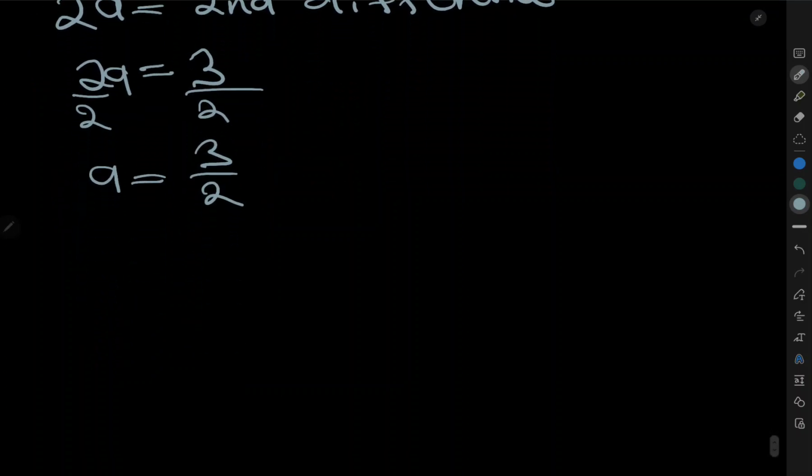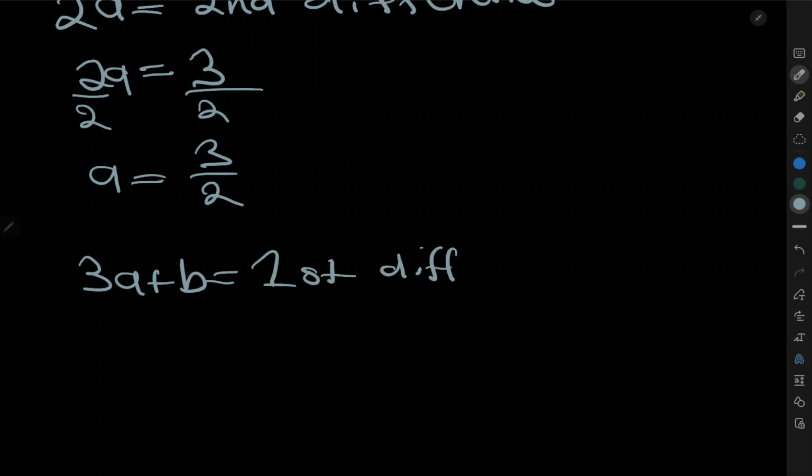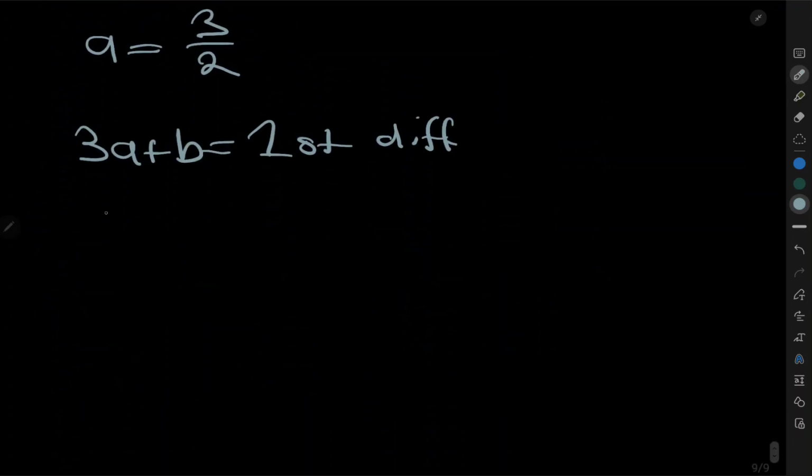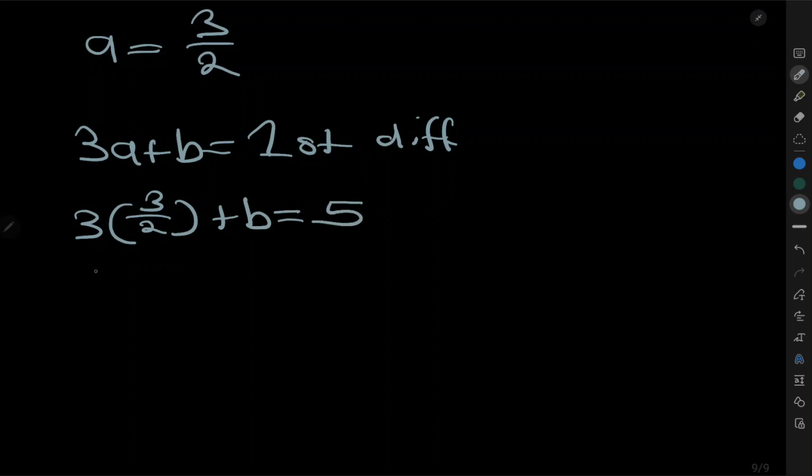So to determine b, we need to say 3a plus b is equal to the first difference. And in our case, the first difference is 5. So we're going to say 3 times, and we know that the value of a was 3 over 2, plus b equal to 5. If we multiply that out, we have 3 multiplied by 3, which gives us 9 all over 2, plus b equal to 5.